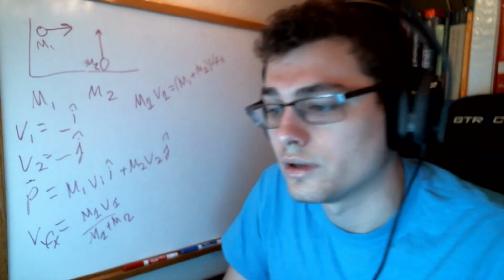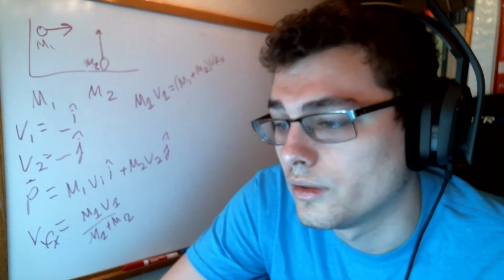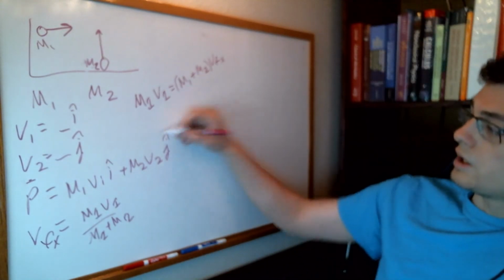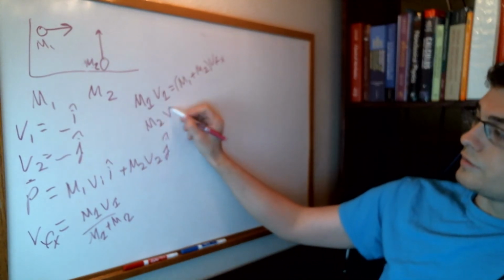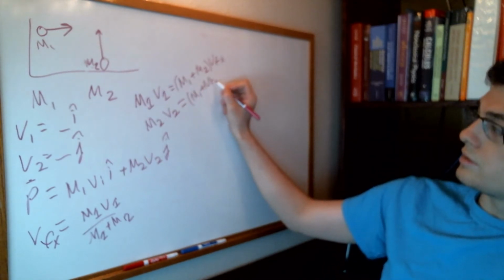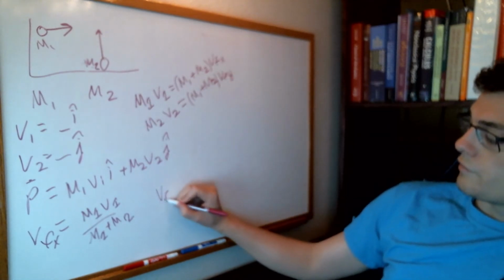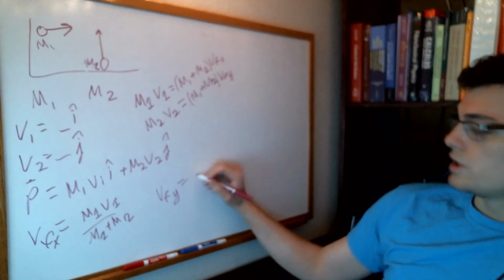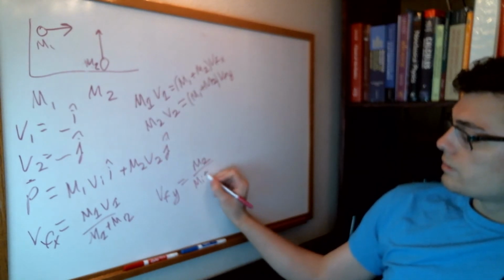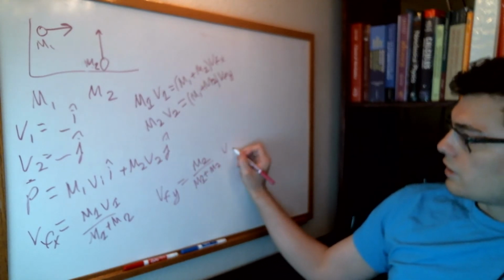Okay, so next up we have to do the y component, and so the y component is going to be the same process. This is going to be M2 V2 is equal to M1 plus M2 VFY. And so VFY is then going to be equal to M2 over M1 plus M2 times V2.